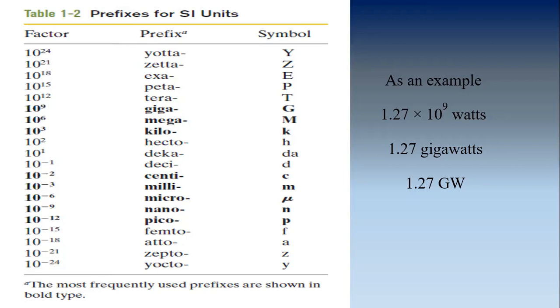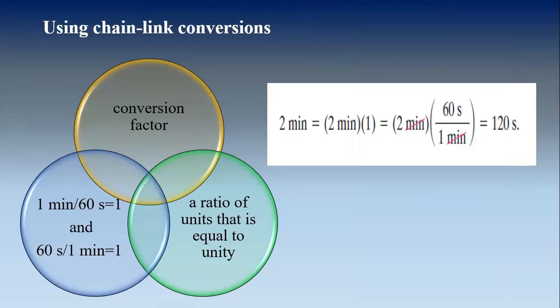As you can see in the table, 10 to the power of 9 is giga or G. Then here we can write 1.27 gigawatt instead of 10 to the power 9, or we can just write 1.27 GW.